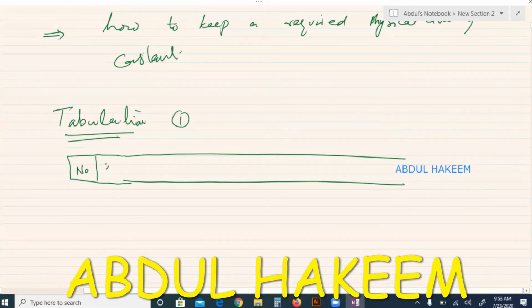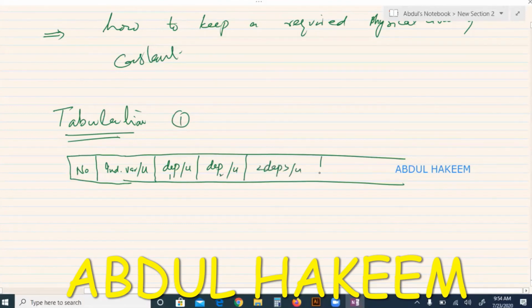Then we have to write independent variable with unit, and then dependent variable with unit. And then again, this is dependent 1, this is dependent 2 with unit, and then dependent average with unit, and 2 boxes empty, because at the end, we will decide which quantity will come at the x-axis, which quantity will come at the y-axis.